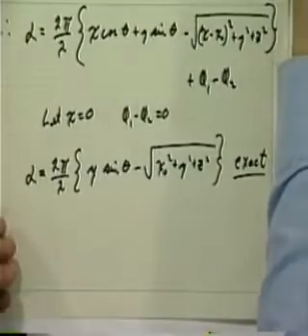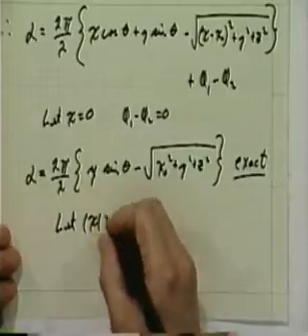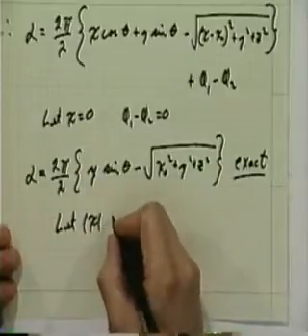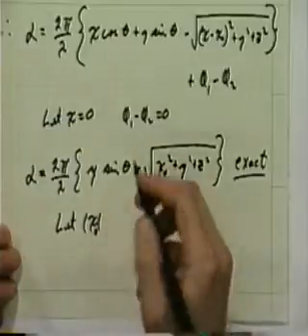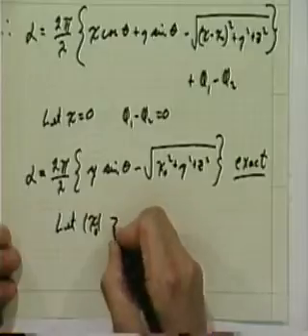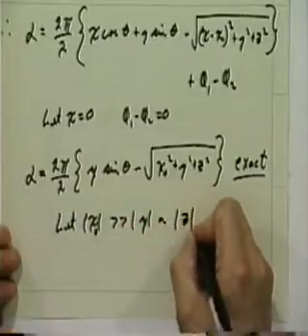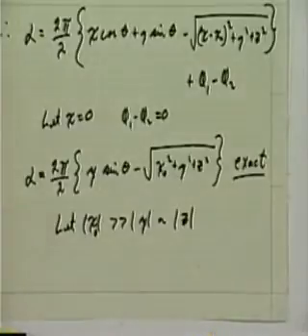In other words, we're going to let the magnitude of x naught, the distance from the point source to the screen, be much, much greater than y or z. So the dimensions in the observation plane are small compared to the distance from the source to the plane.